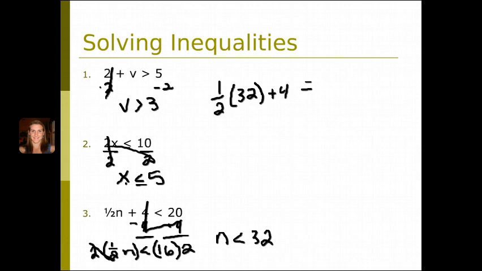I did change the sign to an equal sign just as a reminder that I'm trying to get both sides to be equal. 1/2 of 32 is 16 plus 4 equals 20. And 20 does equal 20, okay? That means our work has checked out, and therefore n is less than 32 is our correct solution.